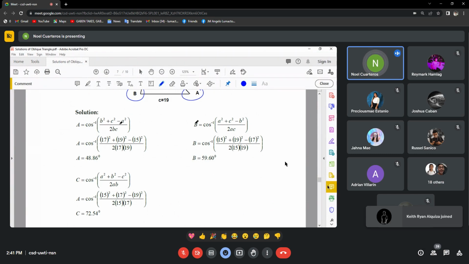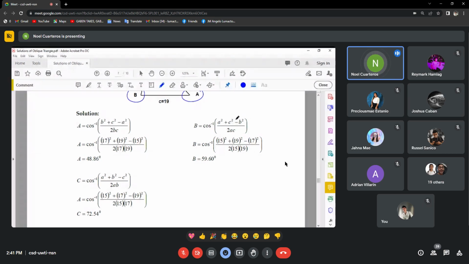To find angle B, we have cosine inverse of A squared plus C squared minus B squared all over 2AC. C is equal to cosine inverse of A squared plus B squared minus C squared all over 2AB. Just substitute the values of the sides, and you will come up with this.